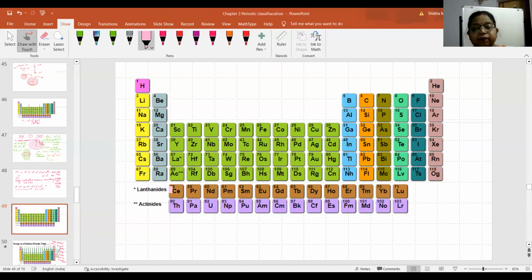The atomic number 58 is kept here. From 58 to 71, lutetium. Can you count how many elements are there? Beginning with cerium, 58 to 71. How many elements are there? 14. 14.